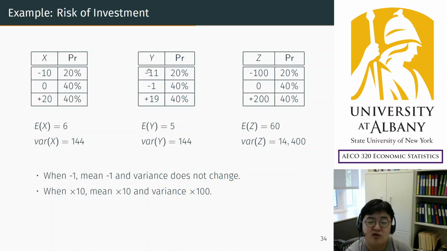When you subtract 1, the mean is subtracted by 1, but the variance does not change. That's interesting. And in the third example, instead of subtracting 1, I multiplied by 10, and then the expectation is multiplied by 10, but the variance is multiplied by 100.